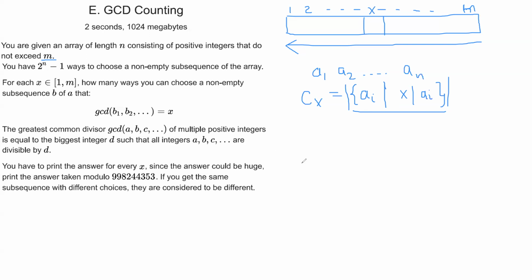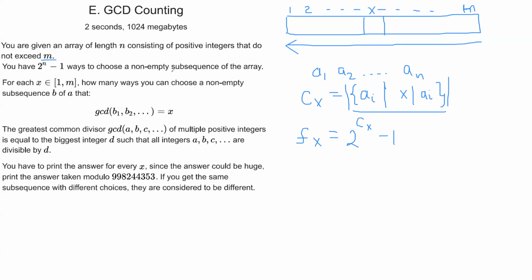So let's create a number fx, which will be equal to 2 to the power of cx, and then minus 1. The minus 1 is to deduct the empty set, because the empty set is out of our consideration.